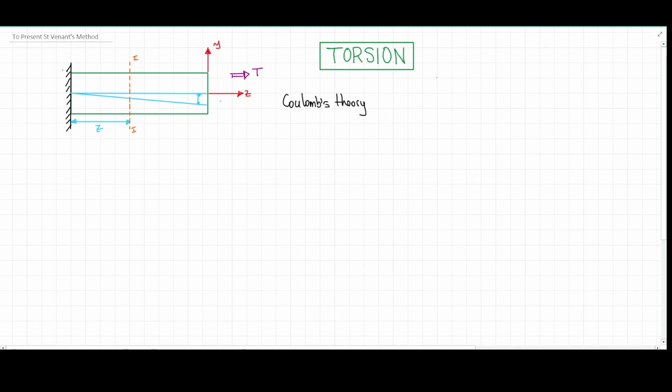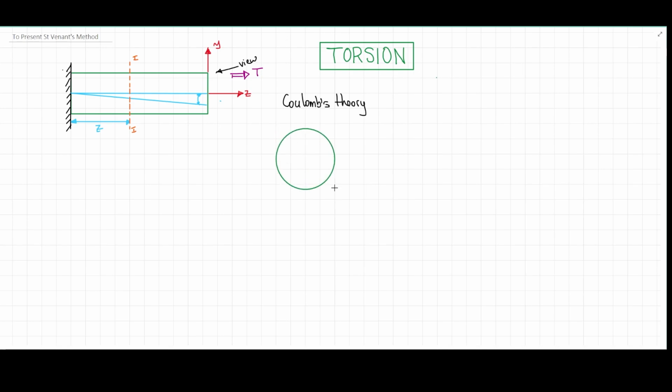And let me draw a view of this element from this side here. If I draw that circular section, in this case, I'm going to assume that it's a circular section for the Coulomb theory demonstration.